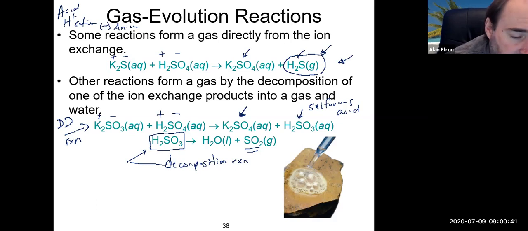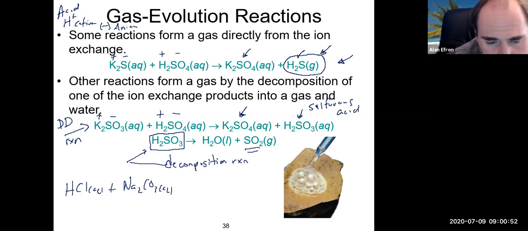Another very common one is if you take hydrochloric acid or some type of acid and add it to sodium carbonate, you will get some sodium chloride plus some H2CO3.